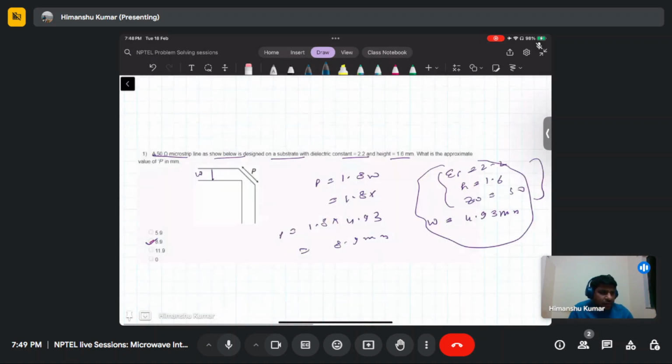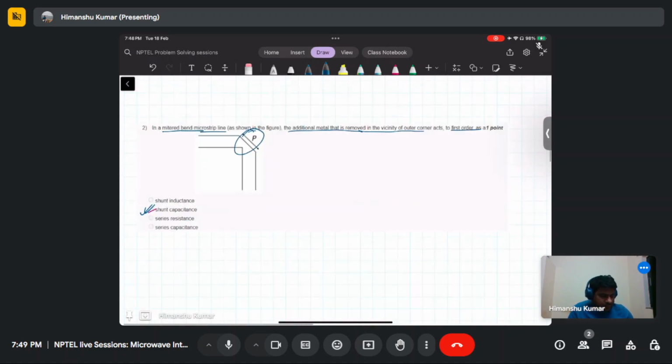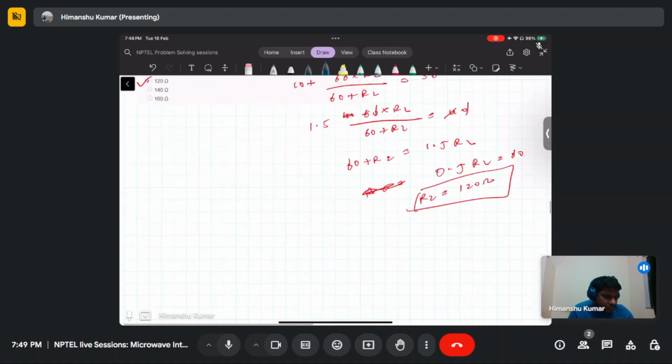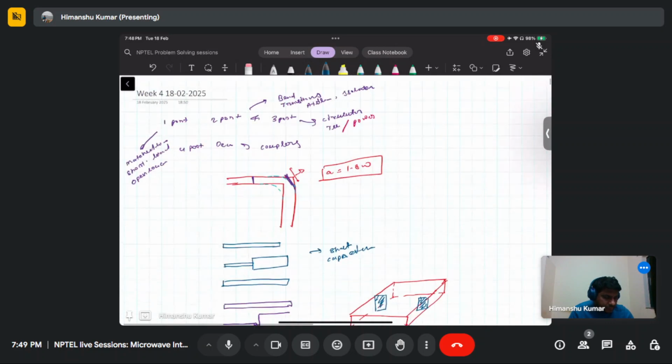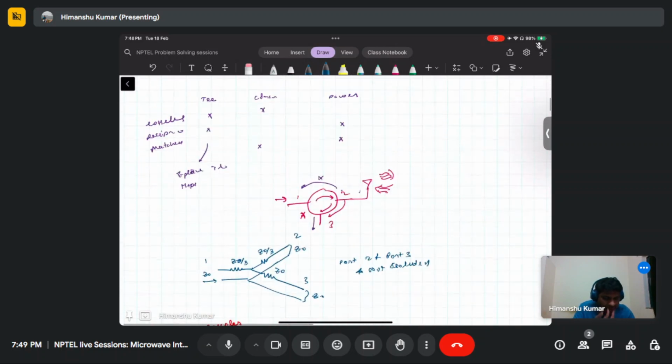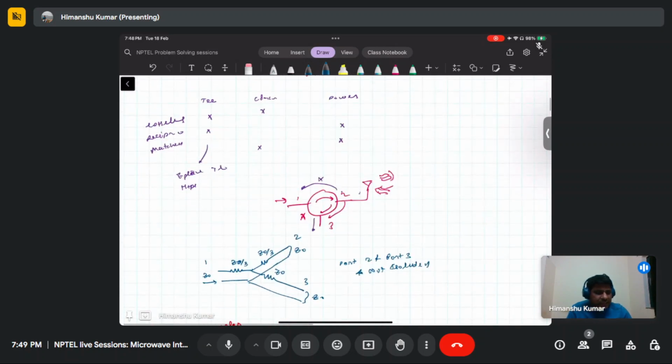The condition of reciprocity does not hold for some devices. If we look at this table, in the case of non-reciprocal devices, all three properties are not possible together.